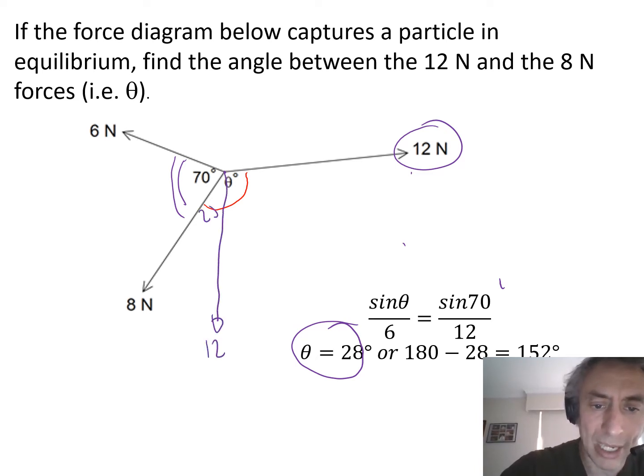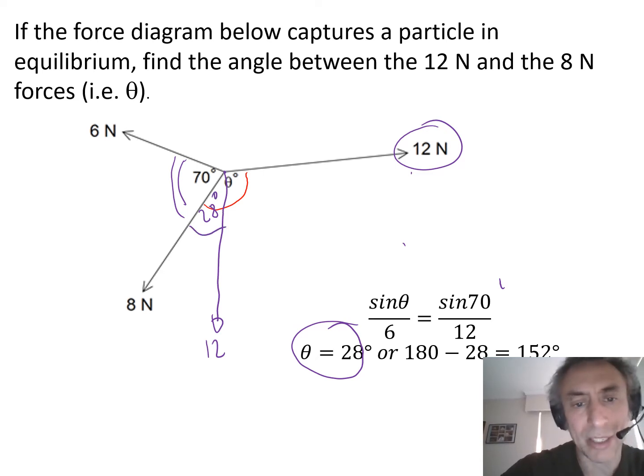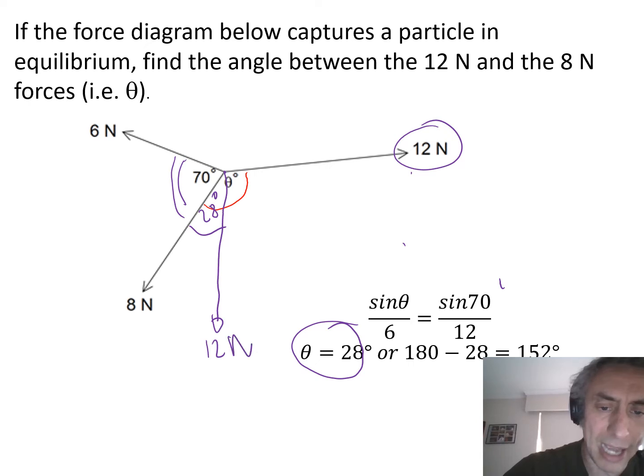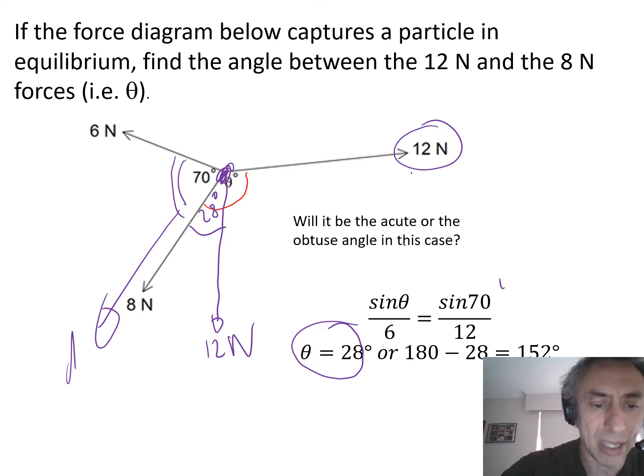So if that was 28 degrees, 70 plus 28 is an angle slightly bigger than 90. Now you can see if that was the case, it's impossible for this particle to be in equilibrium, because in fact it would be moving off somewhere in that kind of direction. It couldn't possibly be in equilibrium.